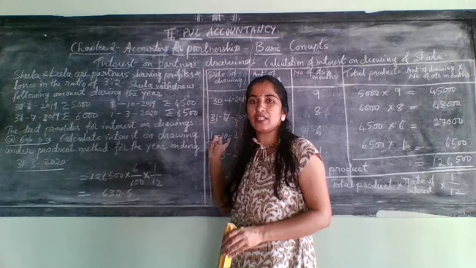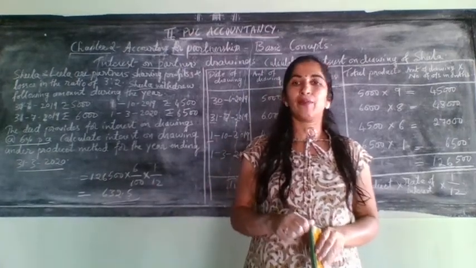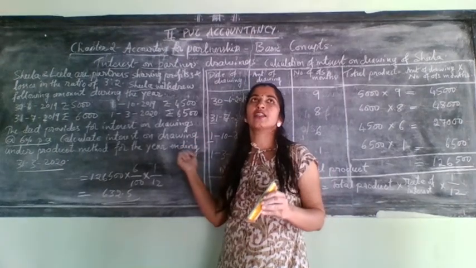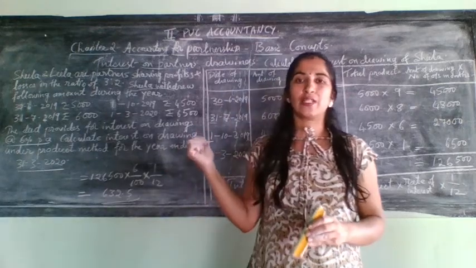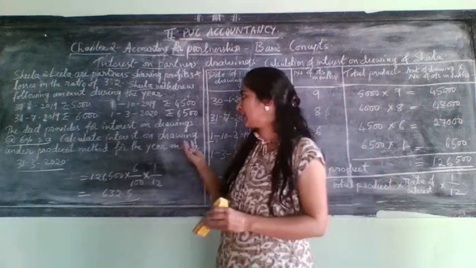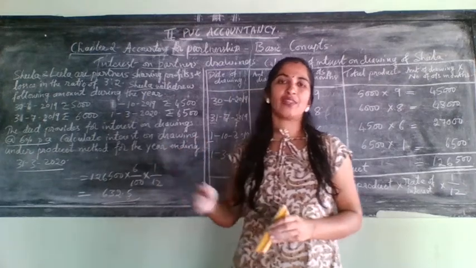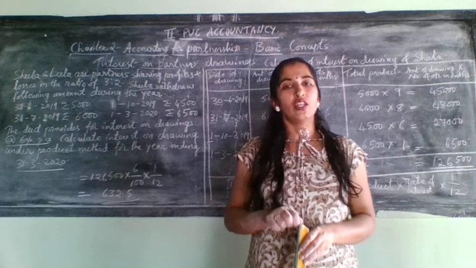They will ask either the product method or the next method, that is the average period method. So this will come for 6 marks under Section C. Okay, so practice these problems. Write this problem, and before that I have done 2 more problems related to the direct method; note them in your notebook.